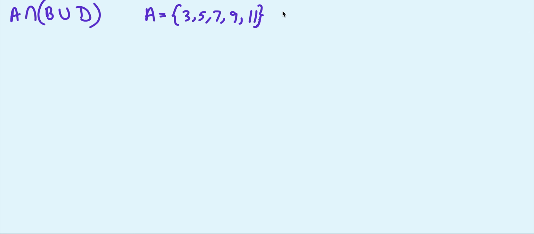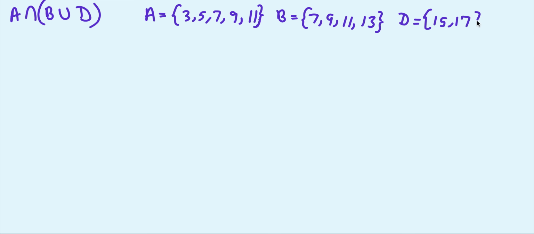And set B has elements 7, 9, 11, 13, and D has elements 15 and 17. Okay?